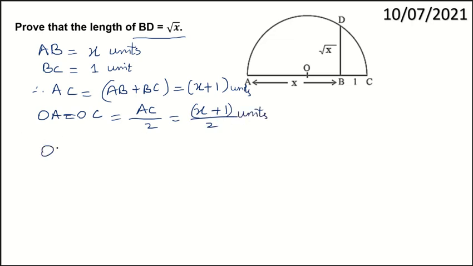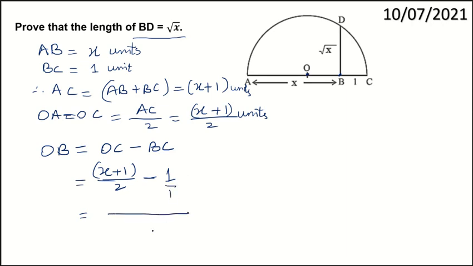And OB, this is the OB distance, which is the difference between OC and BC, that is, O to C minus B to C. OC is (x plus 1) by 2. From that I have to subtract BC, which is 1 unit. So here the LCM is 2. This x plus 1 numerator comes as it is.